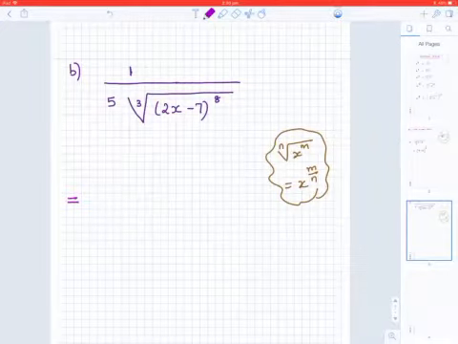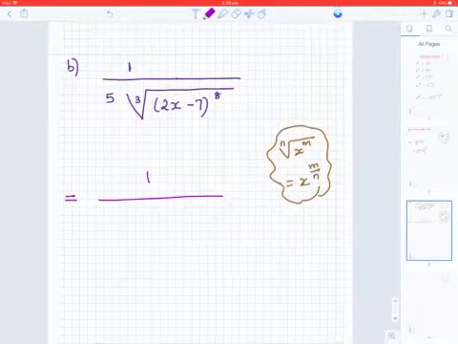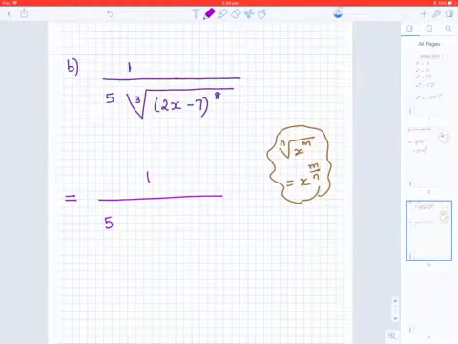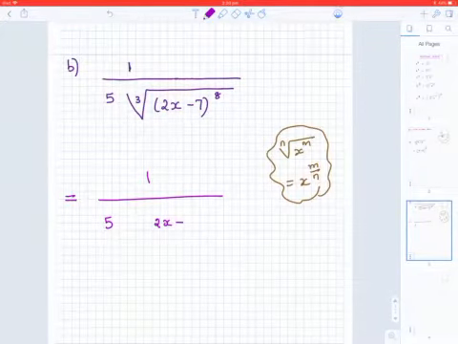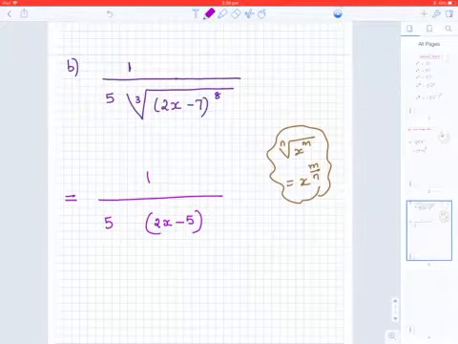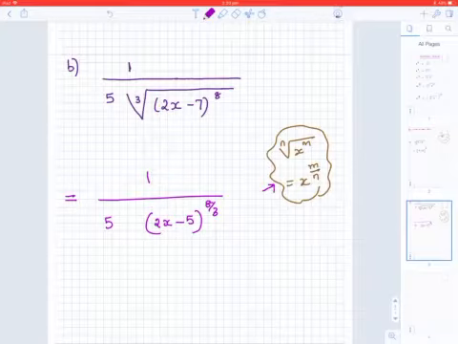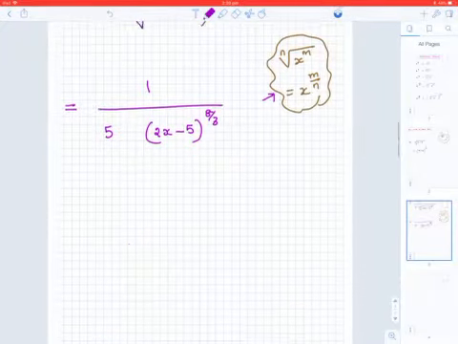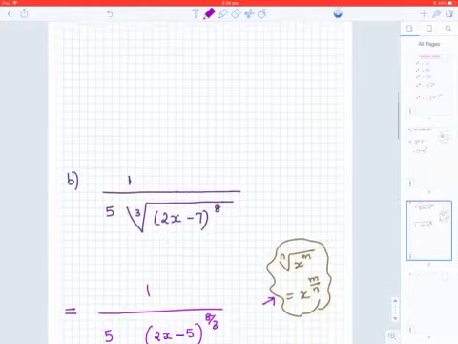So I'm going to use this result for the term in the denominator. Now I'm going to write this as 1 divided by 5, and the 5 has nothing to do with that group. I'm using only the term after that. So that could be written as 2x minus 5 to the power 8 over 3 using this rule. Okay, nth root of x power m is x to the power m over n.